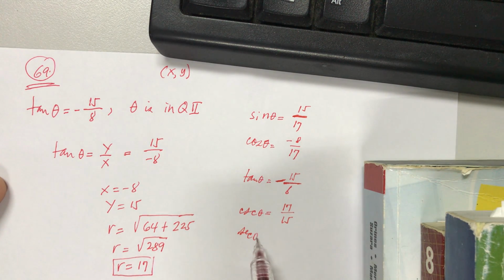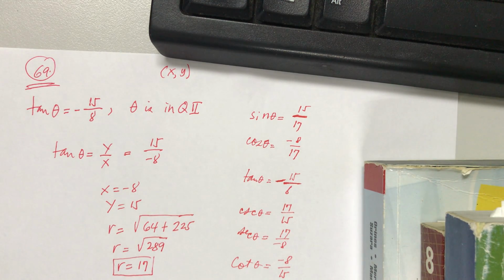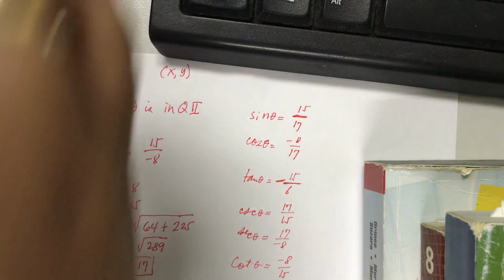Secant theta, which is the reciprocal of cosine theta, is 17 over negative 8. And finally, cotangent theta is negative 8 over 15. So, those are the other 5 trigonometric function values, given that tangent theta is negative of 15 over 8 and theta is in quadrant 2.